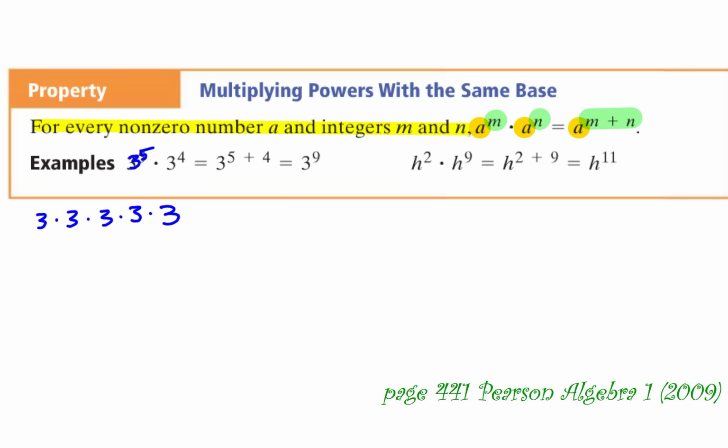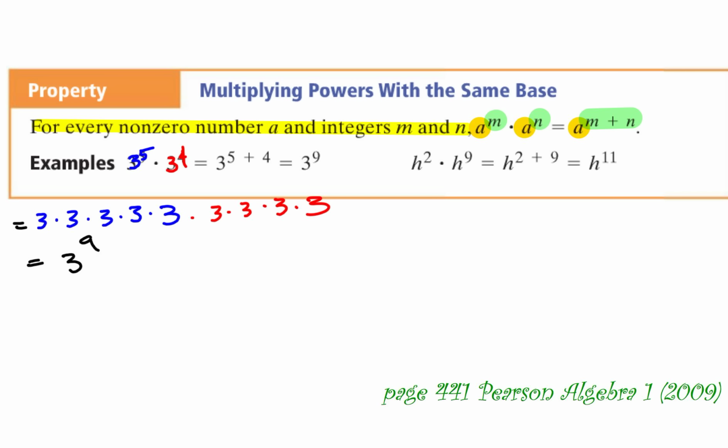And here, the 3 to the 4th, we write that as 3 times 3 times 3 times 3. And by the definition of exponents, since this is 3 times itself 9 times, that does give us 3 to the 9th.